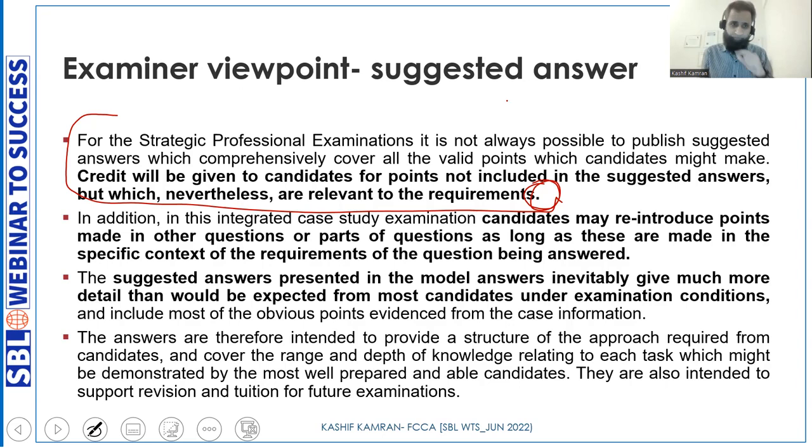Number 2, motivation. In addition, in this integrated case study exam, candidates may reintroduce a point made in other questions or parts of a question as long as they are made in a specific context. Suppose there was a point in the case study which you utilized when you were answering task 1A.